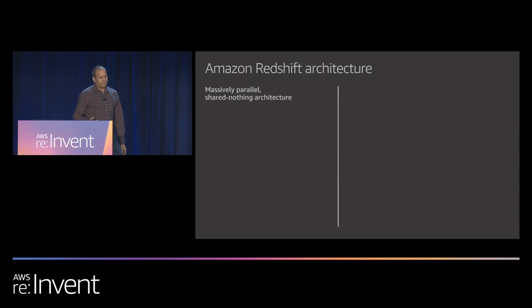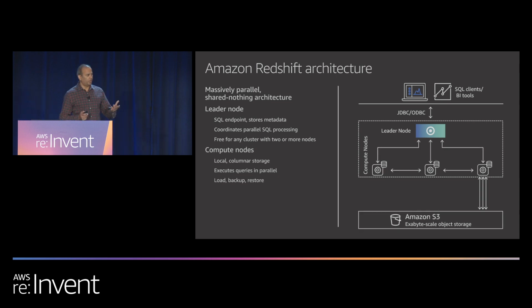Before we dive into these challenges, I want to motivate that discussion with the Amazon Redshift architecture today. The Redshift architecture is what's called an MPP architecture, where Redshift has a leader node, and the leader node is responsible for accepting connections from outside and compiling the query, and that's all it does.